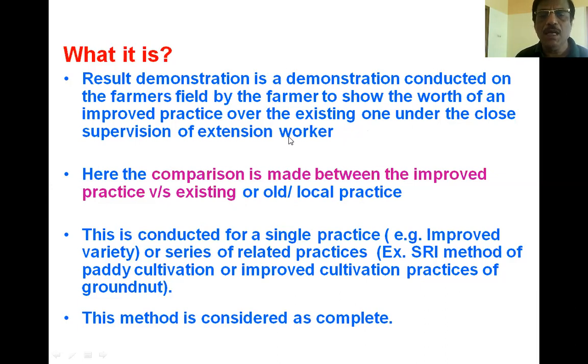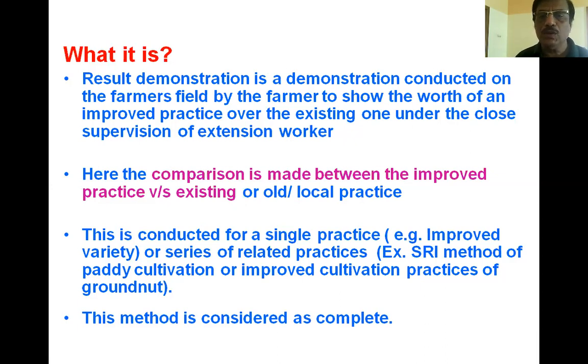In simple terms, result demonstration is a demonstration conducted by the farmer on his field under the close supervision of the extension worker to show the results of the new practice over the existing one, or proving the results of the new practice over the existing practice in the farmer's field itself.